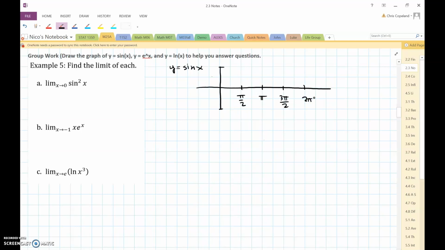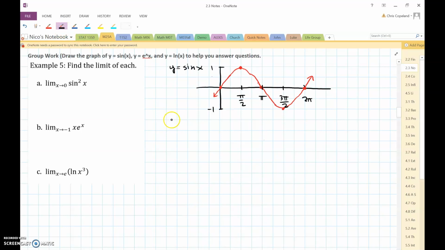So if you need to brush up on graphing, make sure you do so, because it will definitely determine how successful you'll be in this class. So there is y equals sine of x.